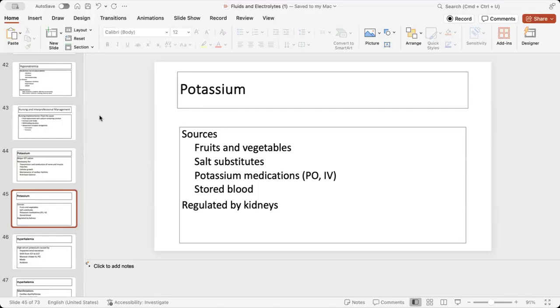Okay, potassium. Think fish and meat, and veggies, right? Potatoes, good ones. Bananas, we all know bananas, spinach.